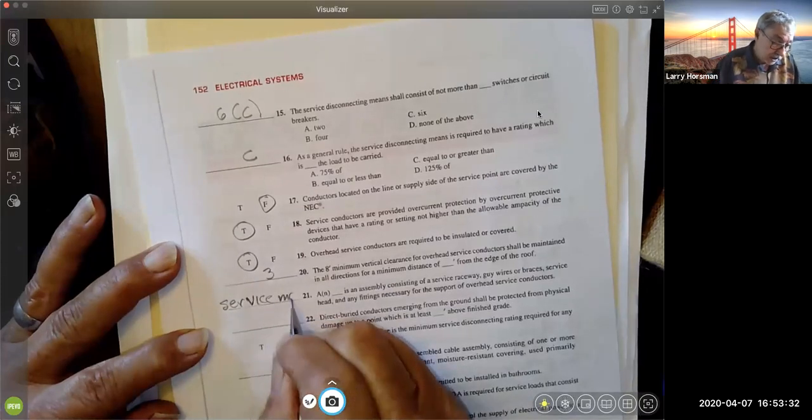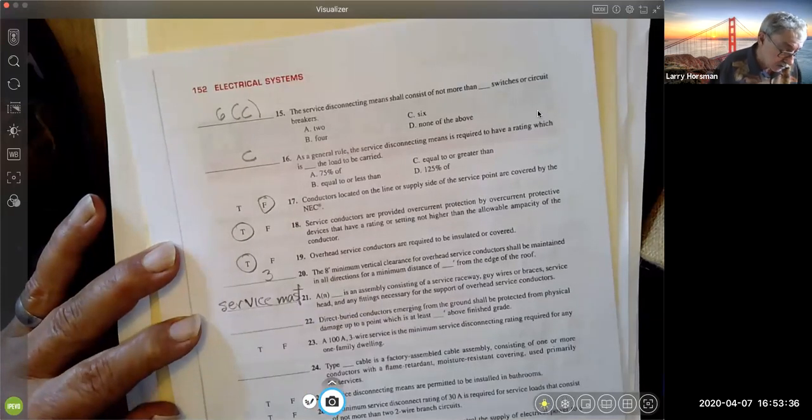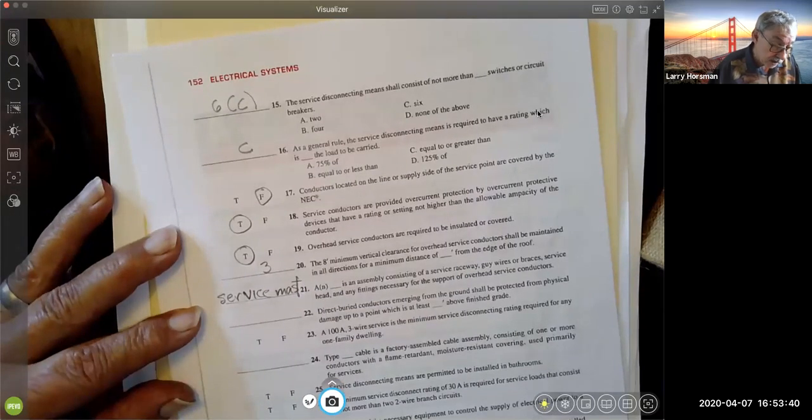Is an assembly consisting of service raceway, guy wires or braces, service head, and any fittings necessary for the support of overhead service conductors.